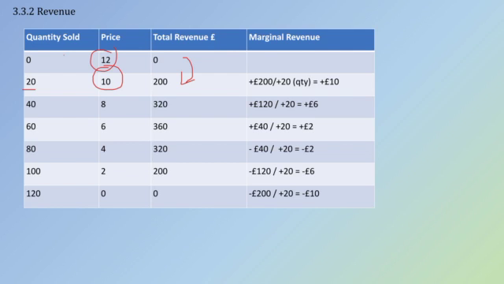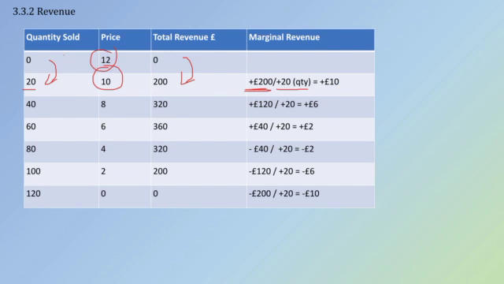The marginal revenue is this change in total, remember, £200, divided by the change in the quantity. In this case, it's divided by 20, because that's the change in quantity. Because the marginal revenue, remember, is the revenue received from one more good. And so I want to know if these 20 gave me £200 more, then each one will give me £10 more over this range here.